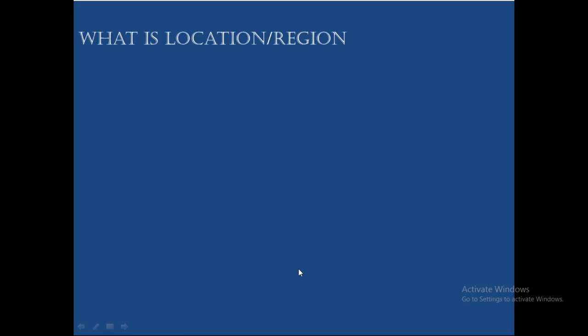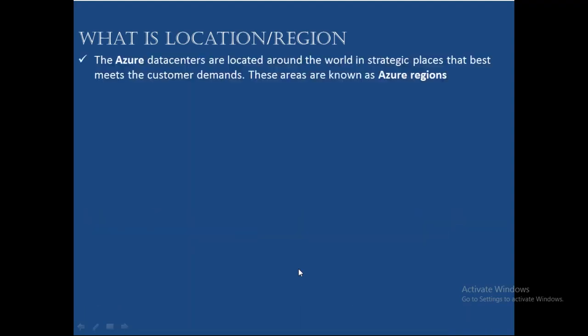But what exactly is this data center? It's a physical location. It's one place. In that place they will keep big storages, big servers, all those things, and they will give them to all the people whoever requests them for their usage. Now you see, Azure data centers are located around the world in strategic places that best meet the customer demands.